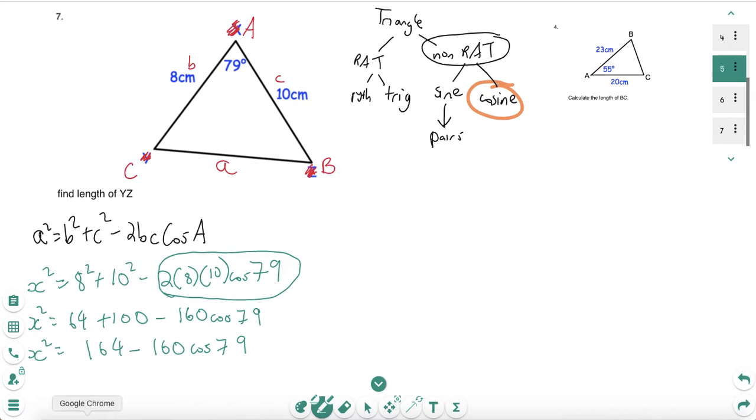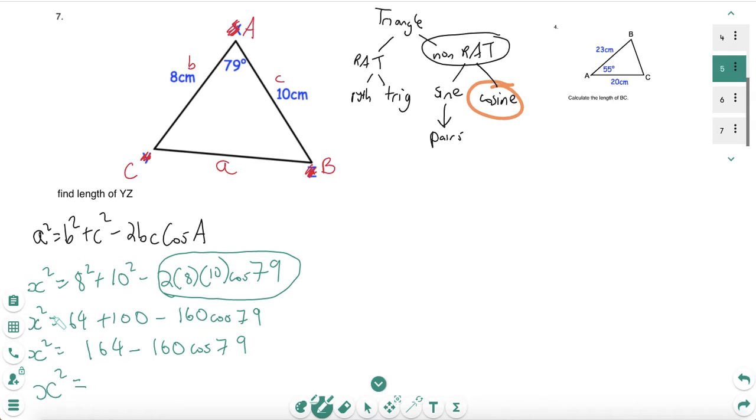Now, at this point, people make a really classic mistake. They think, okay, we can do 164 minus 160, which is 4, and then cosine 79. We cannot actually combine these, because this is a number term and this is a cosine term, so these aren't like terms. All you're going to do at this point is plug this into your calculator.